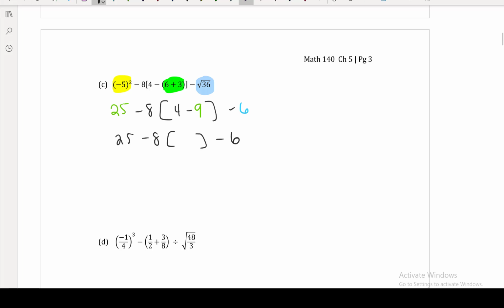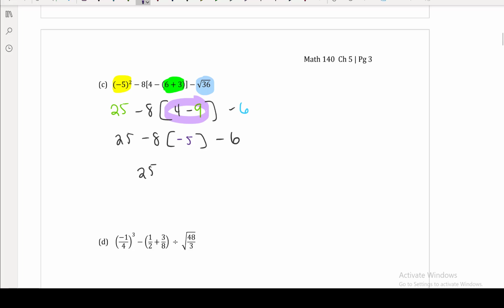So the next thing that I want to do is deal with that 4 minus 9, because 4 minus 9 is actually negative 5. So that negative 8 and that negative 5 are going to be multiplied together. So I'm going to have a 25. If I have negative 8 times a negative 5, that's going to give me a positive 40.